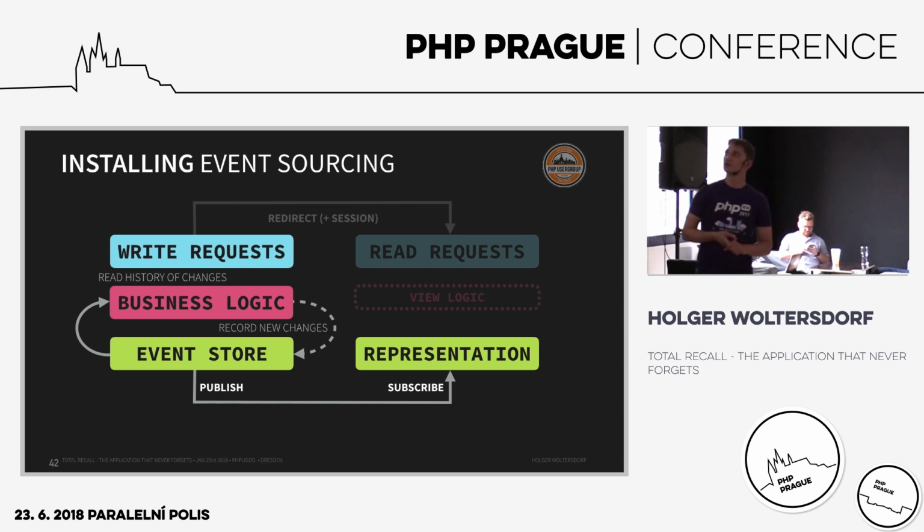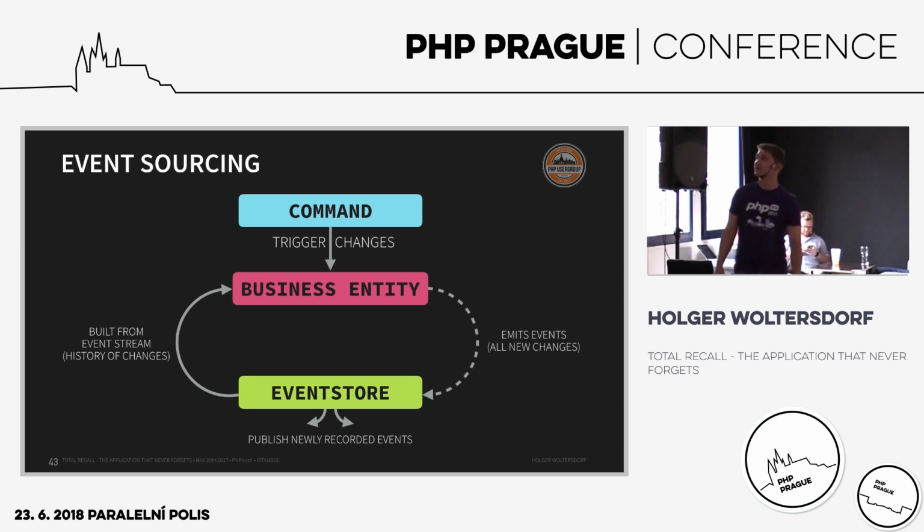When you do your business logic, you first read all the states or changes that you made to your event store before. Then you apply your new changes, and the new change is recorded. After that, you can again publish this event or these events and update your representation.